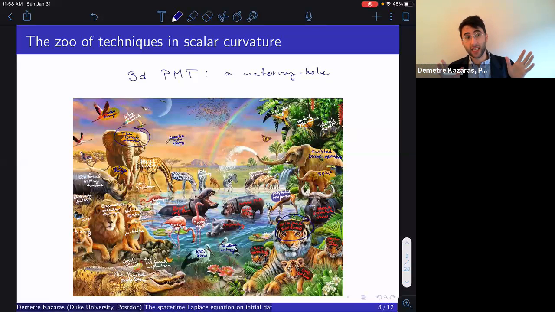That makes this a nice setting to compare all of these different techniques and try to gain the most understanding of what's going on, of what the scalar curvature says about the underlying Riemannian manifold. That's my interest.